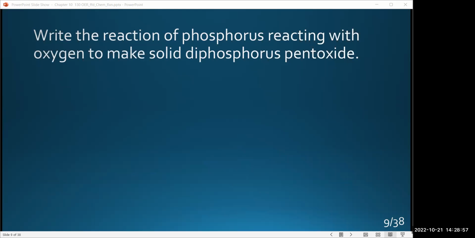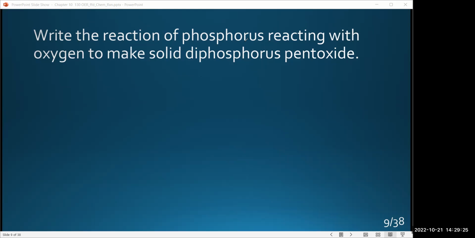All right, here's one that's nothing to do with ionic compounds. So what we're doing here is basically writing the reactions for covalent compounds. Okay, so we have: write the reaction of phosphorus reacting with oxygen to make solid diphosphorus pentoxide.